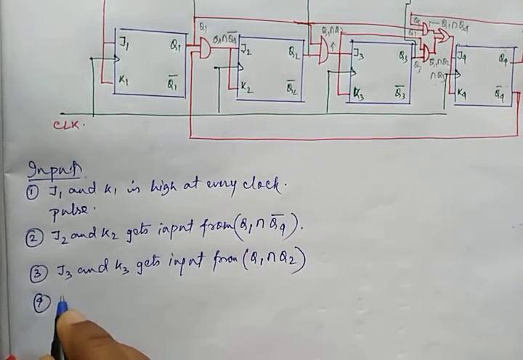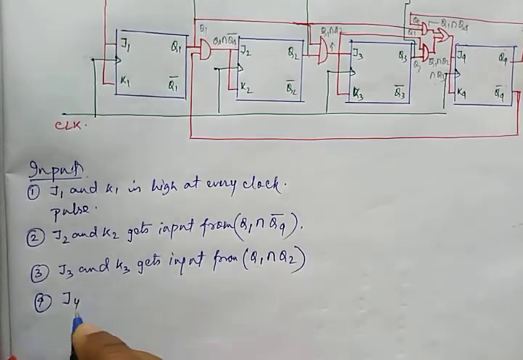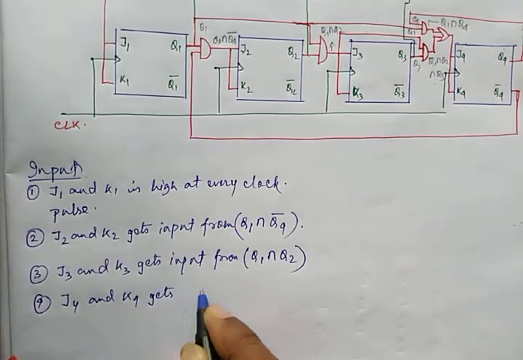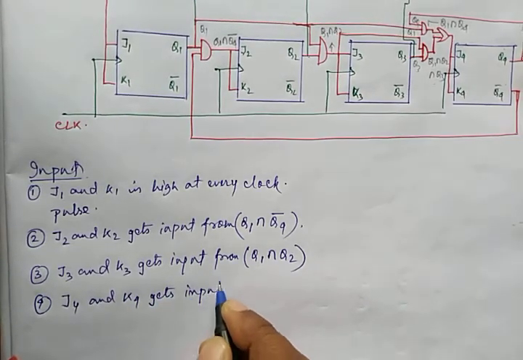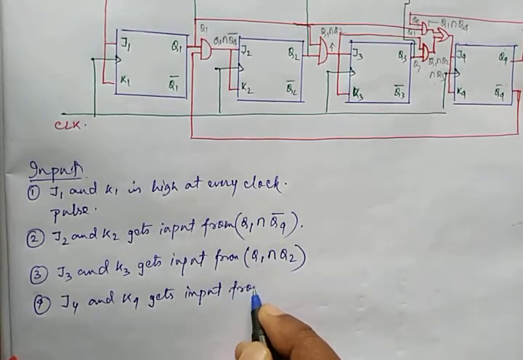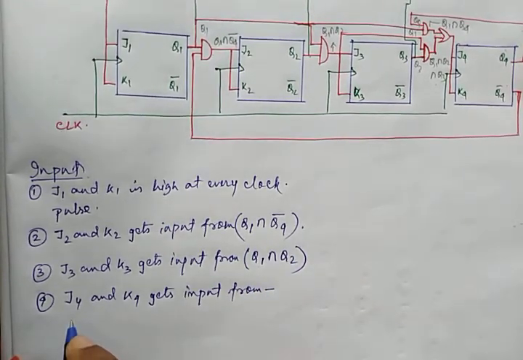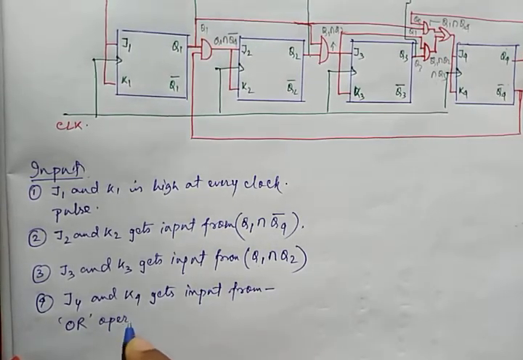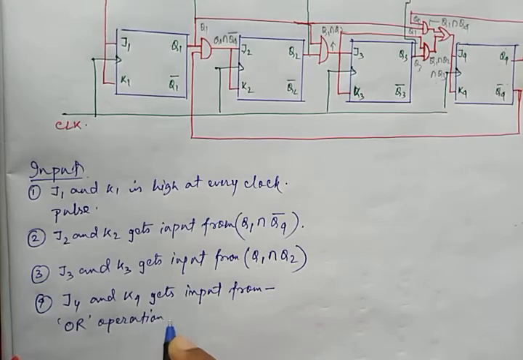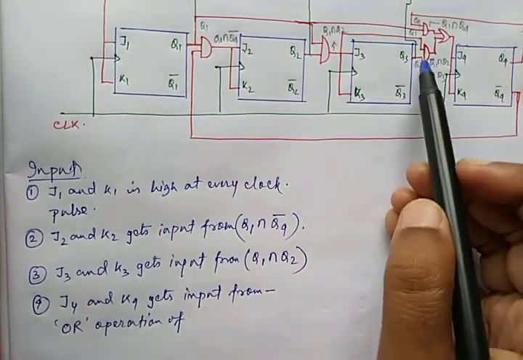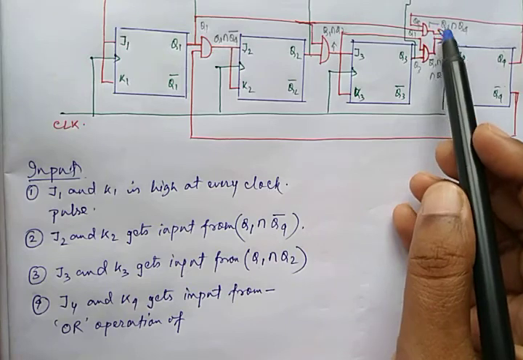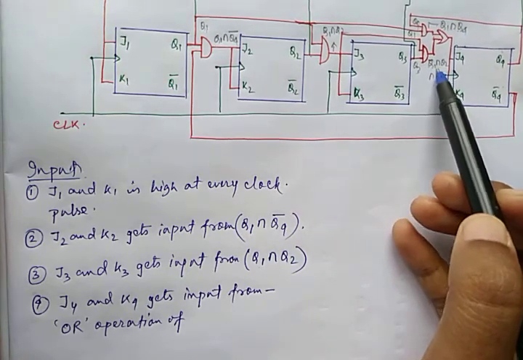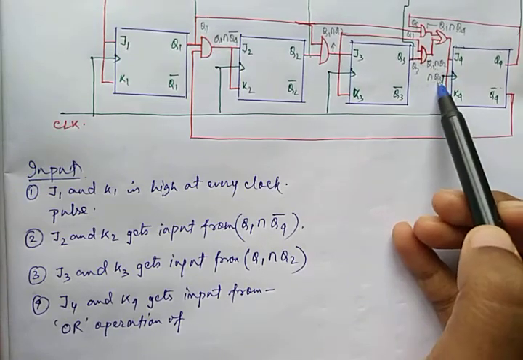And number 4, this is the last trick, J4 and K4 get input from the OR operation of either Q1 and Q4 or Q1 and Q2 and Q3.